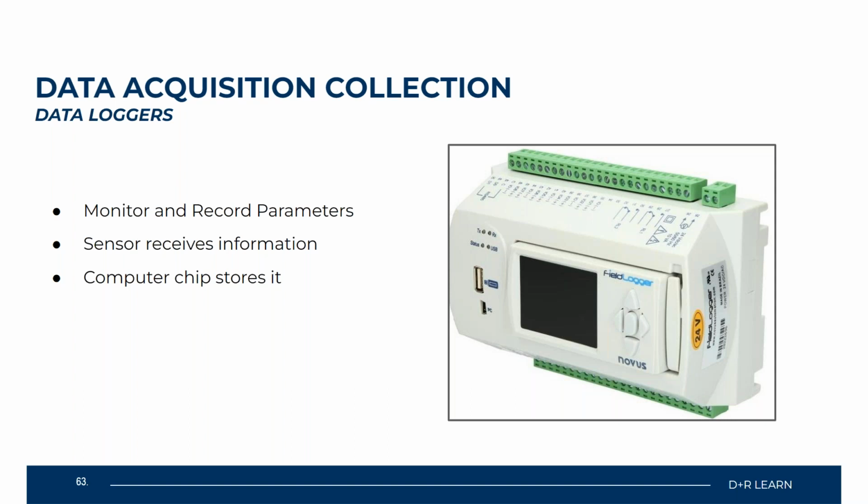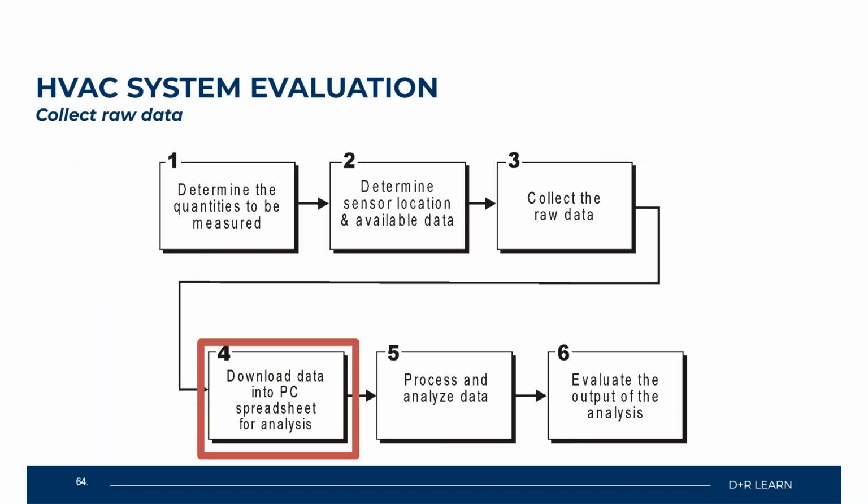But your data logger is able to even pull those types of values as well. So very important, cool little device available in your system to allow you to collect as much data as possible and store it until you're ready to pull that data for analysis.